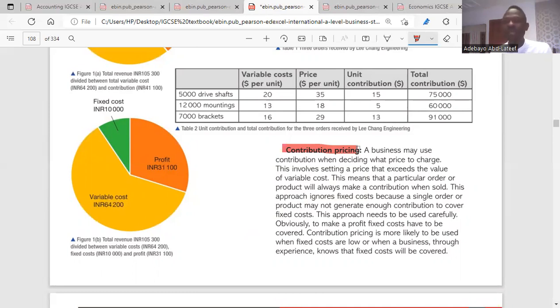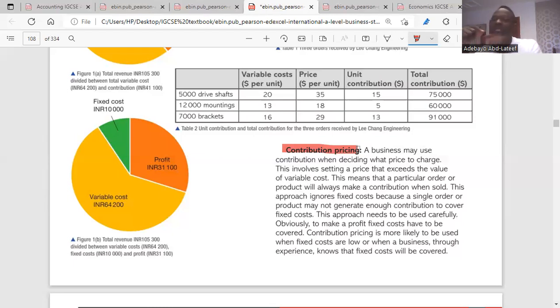Here I wrote, this is a pricing strategy that involves setting a price that exceeds the value of the variable cost per unit. If the variable cost per unit is 5, you are thinking of setting a price of 7 or 6. That means you are using contribution pricing.